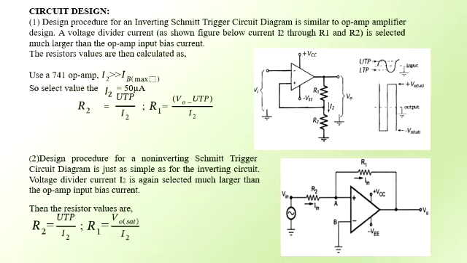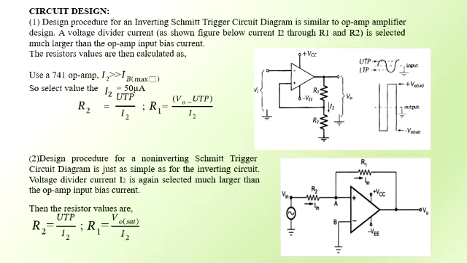This is selected to be much larger than the op-amp input bias current, IB maximum, which depends on the op-amp used, the 741.